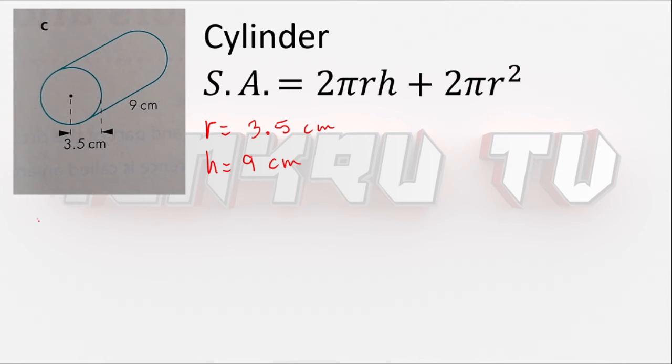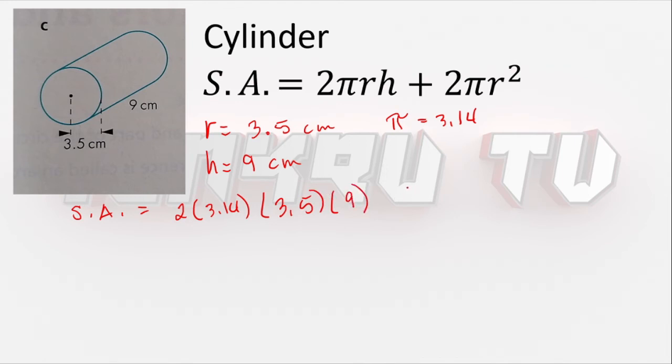Okay, so, let's find the surface area. So, 2 times 3.14 times 3.5 times the height. This is 9.